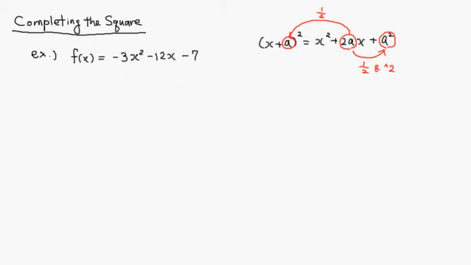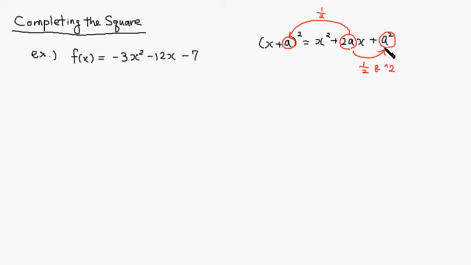The one thing we need to remember is that when you try to complete the square, if you want to get the quantity (x plus a) squared, we need three terms: x squared, plus 2ax, and plus a squared. Usually we can get the first two terms without any problem, but we have to get the third term.